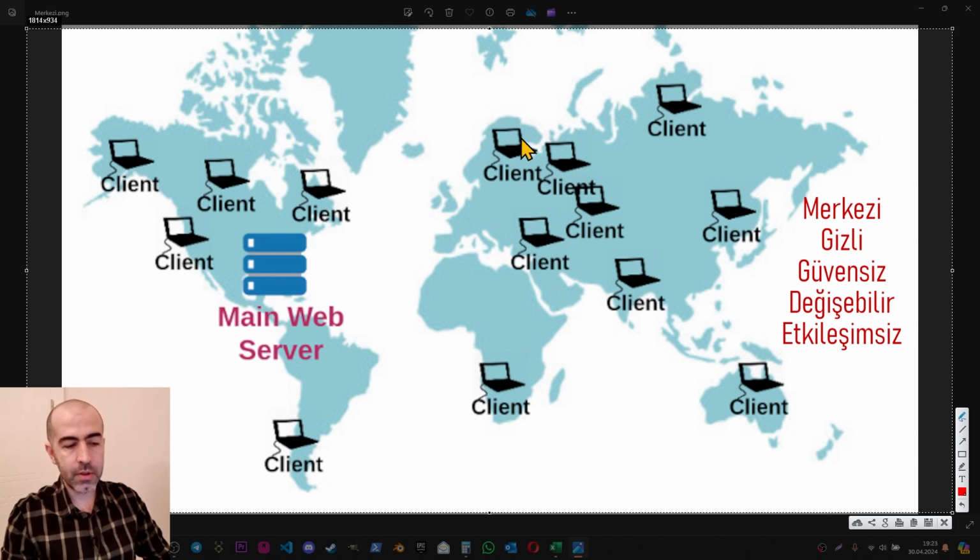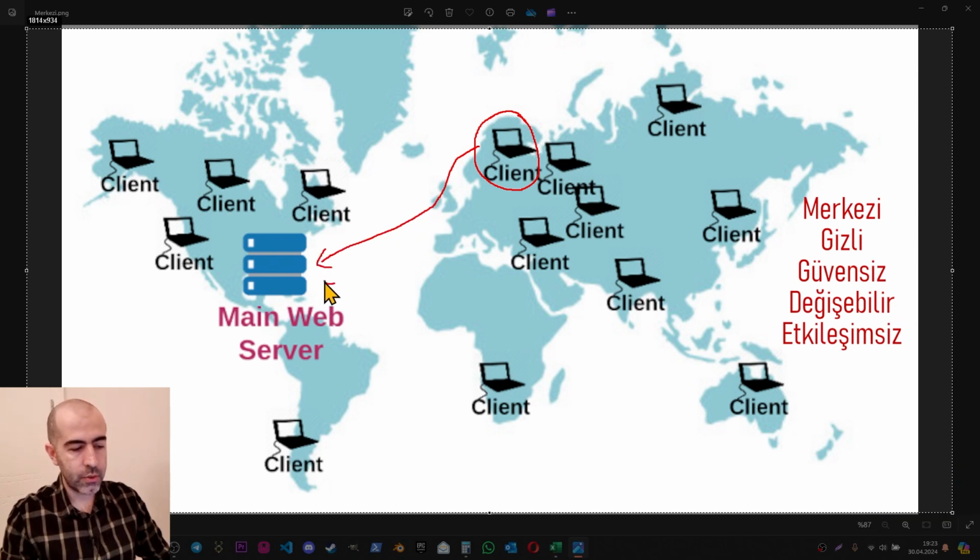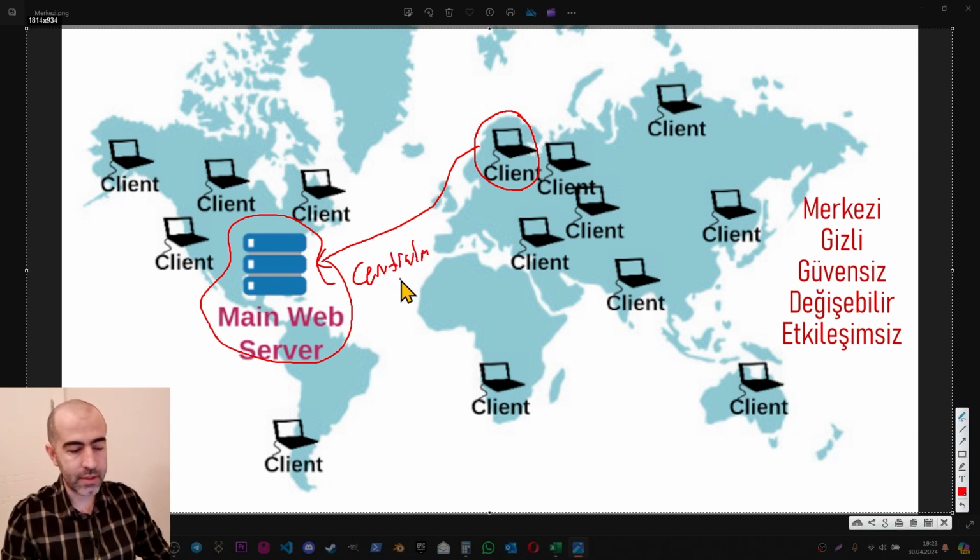If I keep it on my client, on my computer, there is a huge risk that I will lose that file, because my computer will have some problems after some time, or I will delete that file by mistake. We don't know what will happen. So I can send that file to a server, but the server is a centralized server. Centralized means my file is actually hidden.